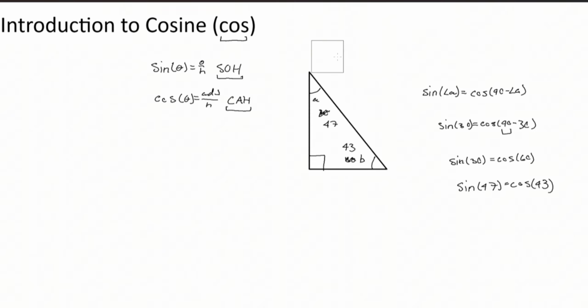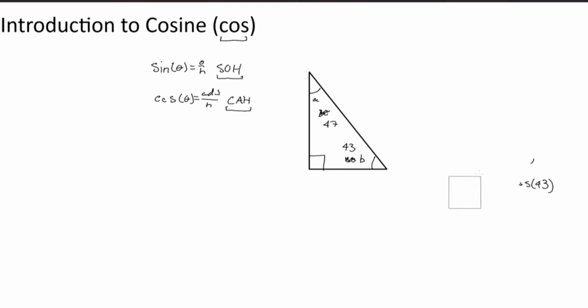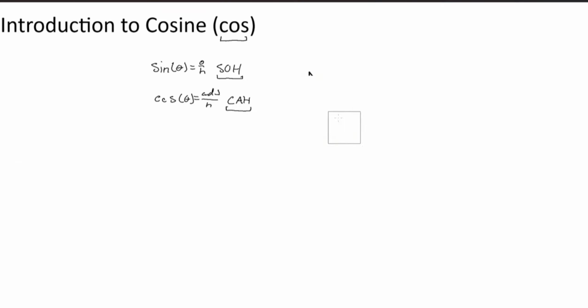Before we end, there are a few things you have to remember here. Remember, the cosine of an angle is equal to the adjacent side over the hypotenuse.